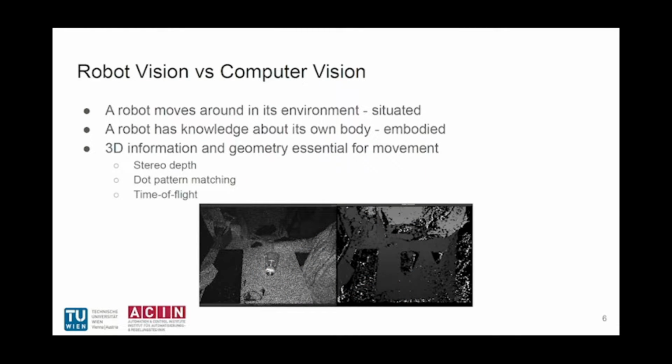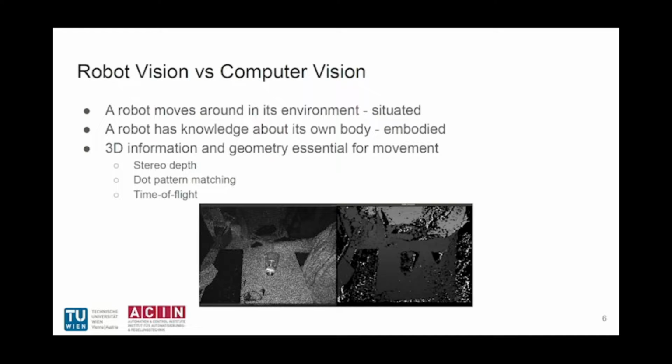Finally, since we talk about robots that have to move in a space, 3D information, 3D data, 3D sensing, and geometry are much more common and a lot more at the forefront of our methods and reasoning. And in terms of sensing, you have a couple of different modalities, always with advantages and disadvantages, but it's a lot more common to have 3D sensing from the beginning.